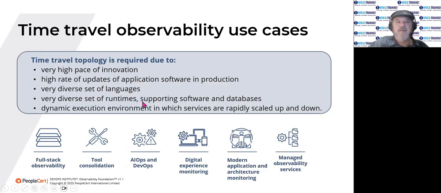There's a very diverse set of runtimes and operating systems supporting software, databases, and dynamic execution environments, rapidly scaling up and down. So it supports full stack observability, tool consolidation, and works well with AIOps and DevOps. It supports digital experience and digital transformation monitoring, works well with modern application and architecture monitoring, and supports managed observability services.